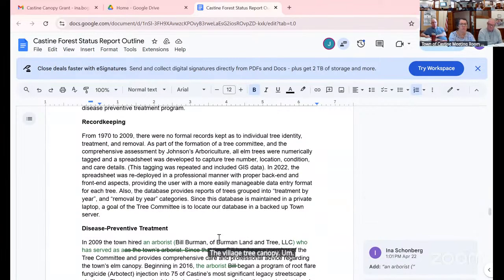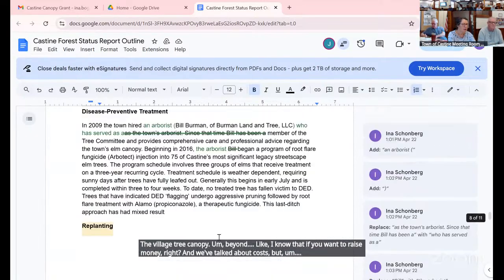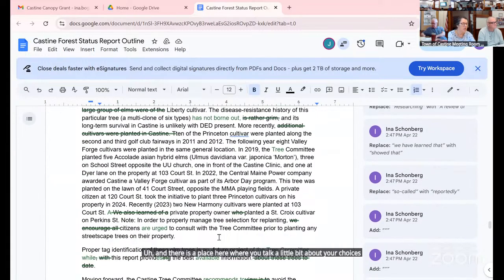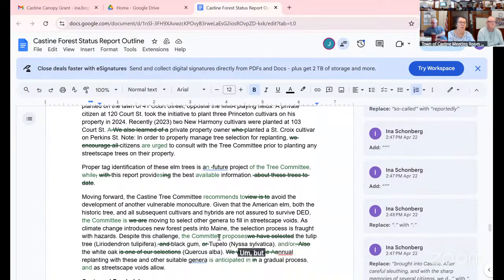Beyond, like, I know that you want to raise money, right? And we've talked about costs, and there is a place here where you talk a little bit about your choices on tree planting and so forth. But are there other issues that you think should be followed up on?